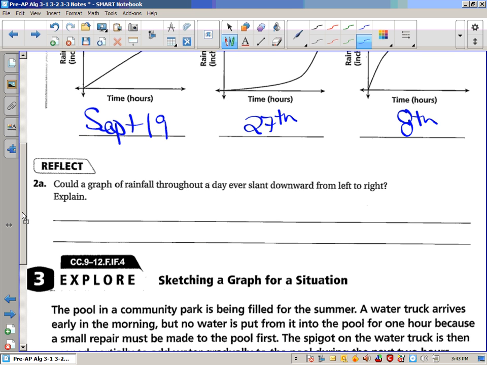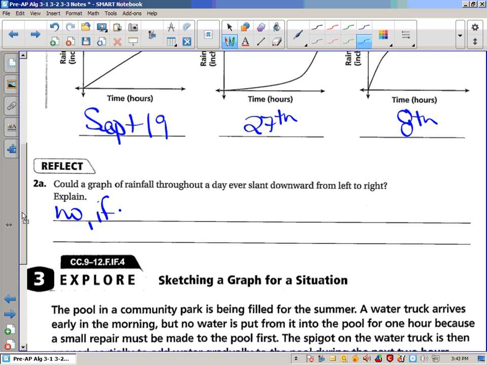Well, if you think about it, if it's raining, will the rain gauge magically, so let's say before it starts raining, we've got some water in the rain gauge. Then as it continues to rain, that water level magically goes down. That's not going to happen.